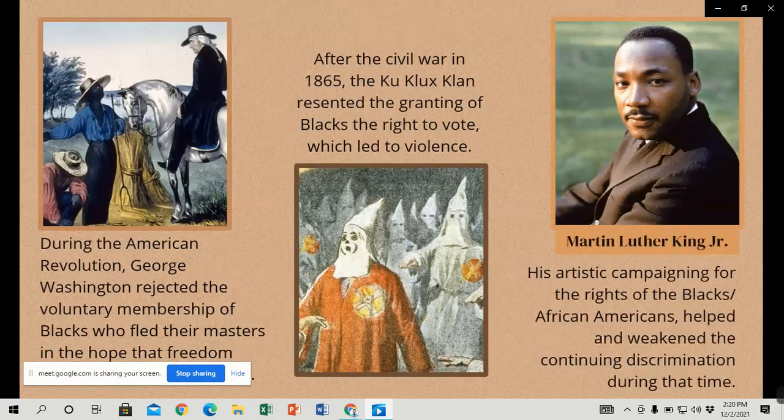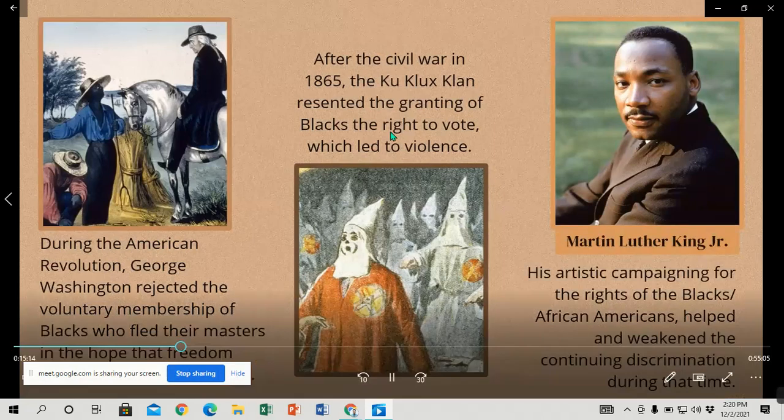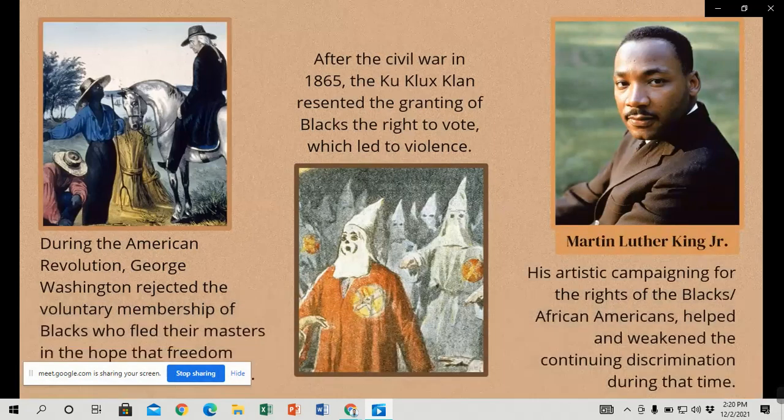So with all this discrimination, especially other groups threatening the blacks and the African Americans, there is a need for them to take action. So Martin Luther King Jr. is one of the prominent figures to fight for the rights of his people.